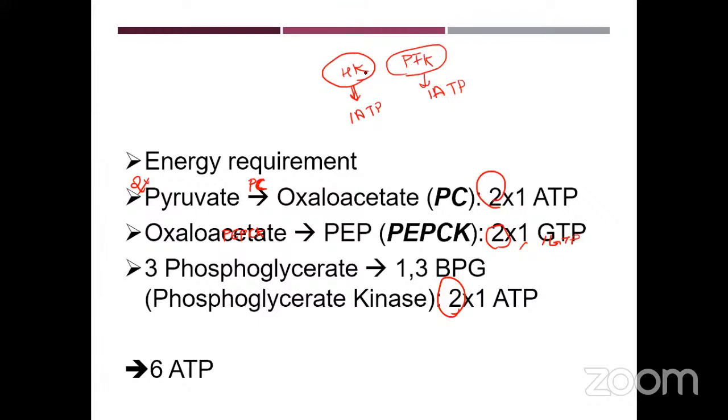Instead there are 2 different enzymes. So the total energy requirement is 6 ATP. Through glycolysis we get 7 ATP or 2 ATP, depending on aerobic or anaerobic conditions. But gluconeogenesis is an energy expensive process. It needs 6 ATP. Clear? Yes, ma'am.